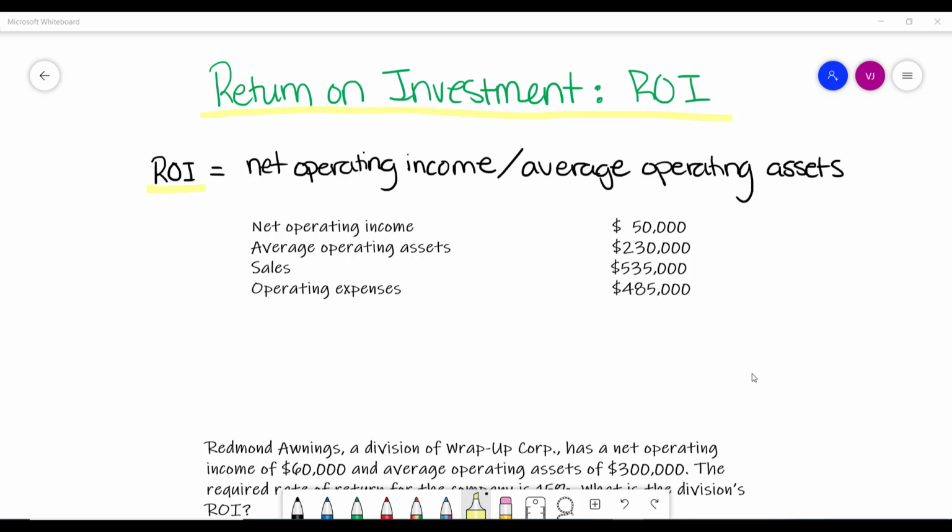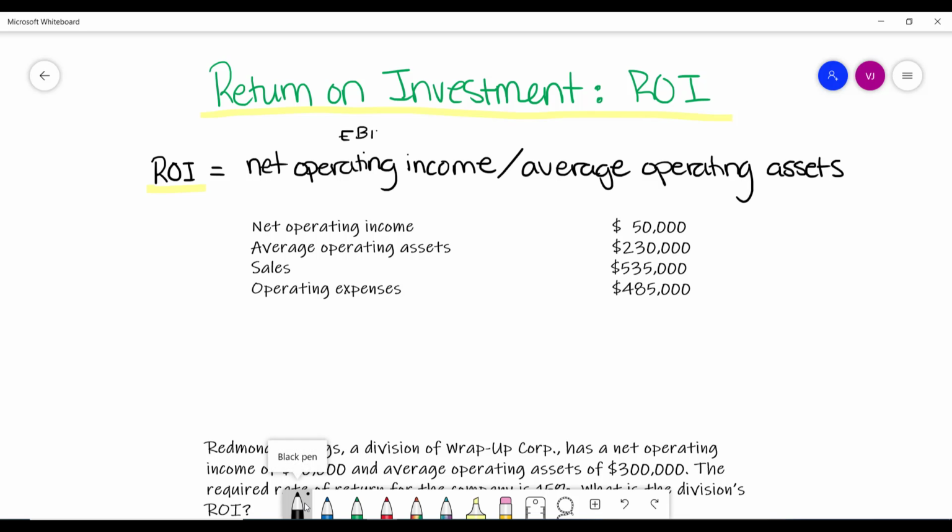In this video, we're going to talk about return on investment, or ROI, which is one way in which managers are evaluated. Return on investment is calculated by taking net operating income and dividing it by average operating assets. Net operating income refers to EBIT, which is earnings before interest and taxes. So that is another way that you might see this pop up.